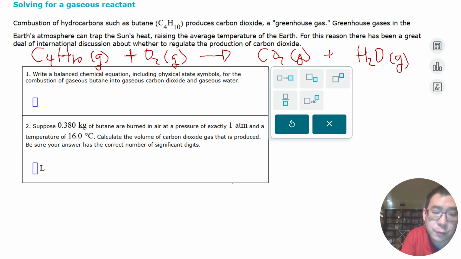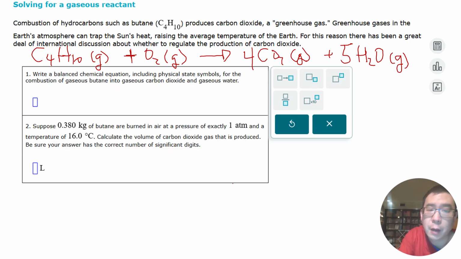Now we need to balance, right? And so I'm going to start by changing that 2 to a 4, and I have 4C on both sides. And then I'm going to put a 5 here to balance my hydrogens. And now I have 8 plus 5 is 13.